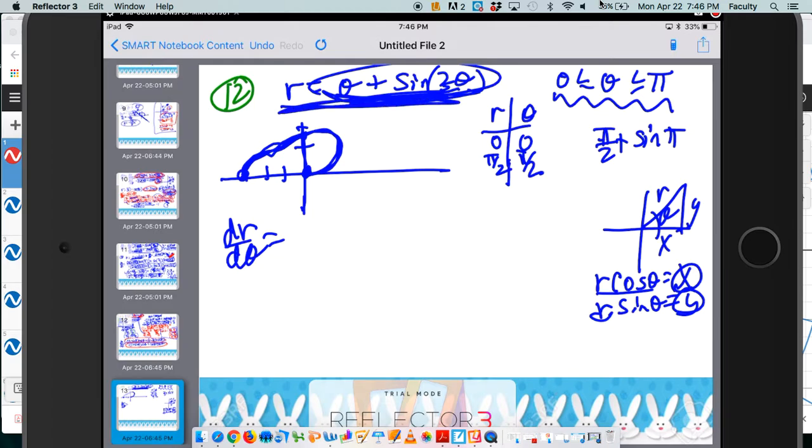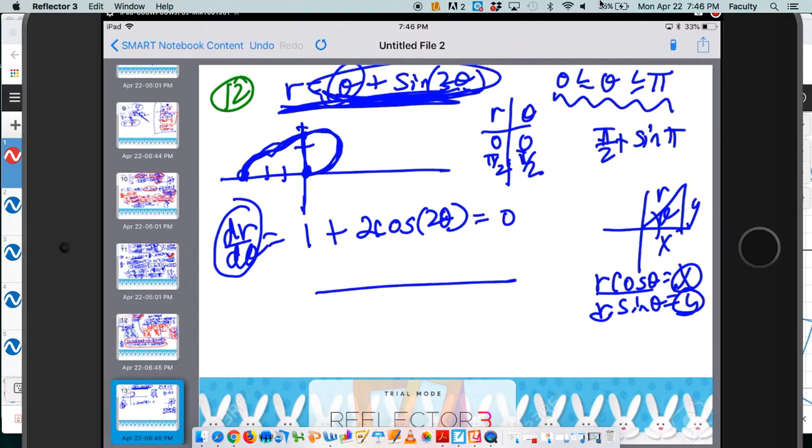So it's the derivative of r with respect to theta. The derivative of theta with respect to theta is 1. The derivative of sine 2 theta is cosine 2 theta times 2, also with respect to theta. Now I'm going to do a plus minus chart. I'm going to look at where this equals 0 to find my critical numbers.